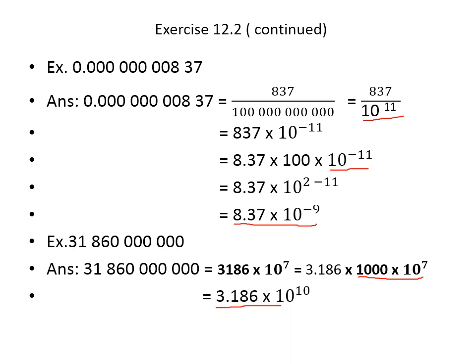So 1000 can be written as 10 raised to 3. Here we can use the laws of indices, 10 raised to 3 into 10 raised to 7. If you add 3 plus 7, it is equal to 10 raised to 10. So again this given number is expressed in the standard form.